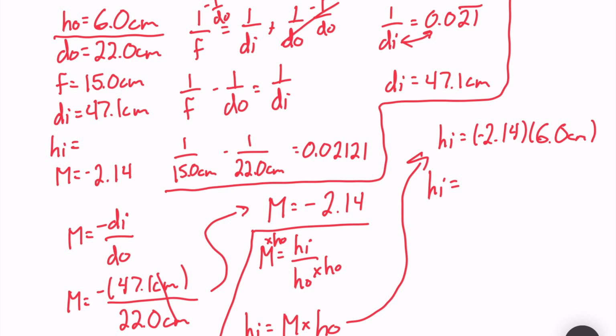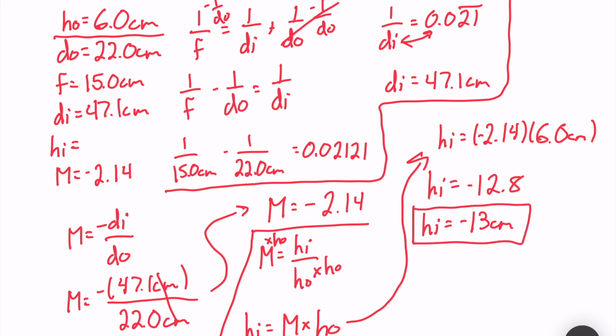So negative 2.14 multiplied by 6.0, and you should get an hi of negative 12.8, and just with significant figures here, we can say negative 13 centimeters. Okay, awesome. So that is example 1 here.